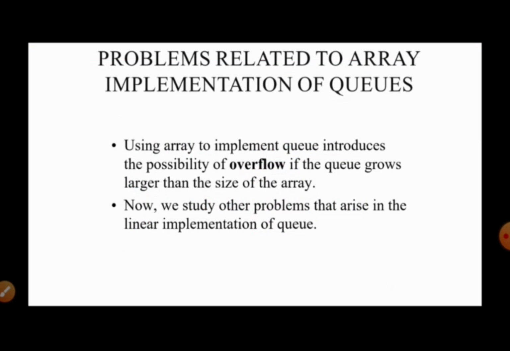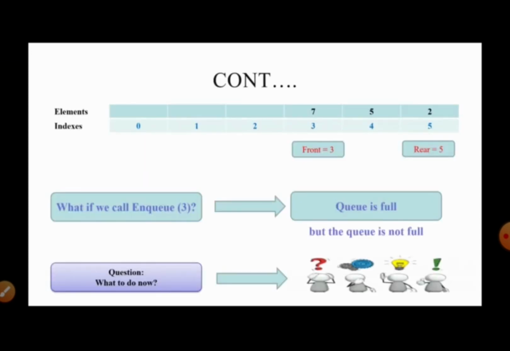Moving to our next slide. Now we will discuss the problems which are faced by the simple queue. Using the array to implement the queue introduces the possibility of overflow if the queue grows larger than size of the array. Consider this one scenario.